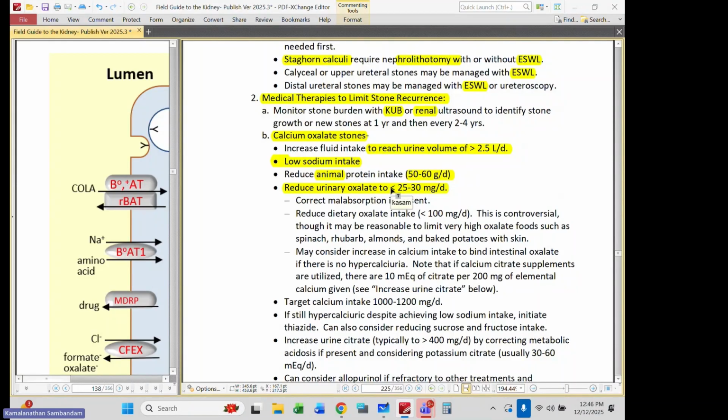And then reducing urinary oxalate would be something you should reserve for the third tier, unless it's astronomically high. Sometimes you'll see people with astronomically high urinary oxalates if they're overdosing on vitamin C or taking some of these weird diets. I've had patients who are on huge amounts of nuts and spinach, and they have some kind of routine of making a smoothie with all of these vegetables in it in the morning.